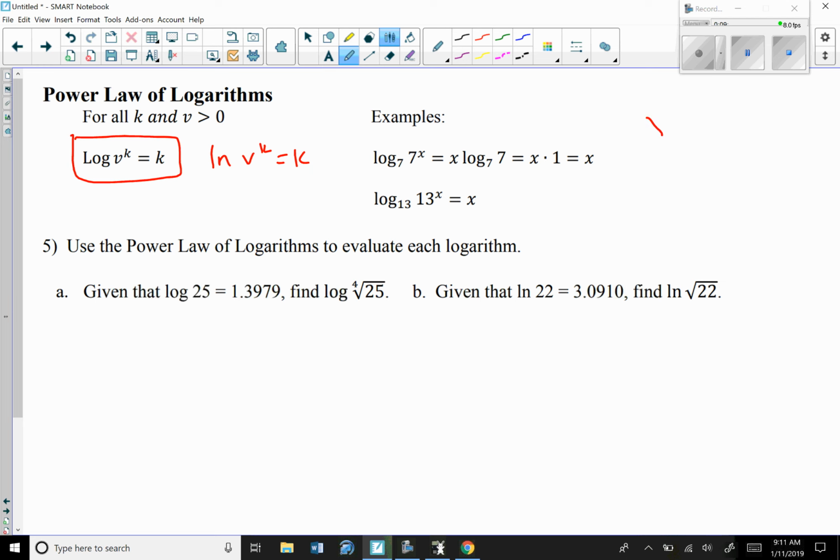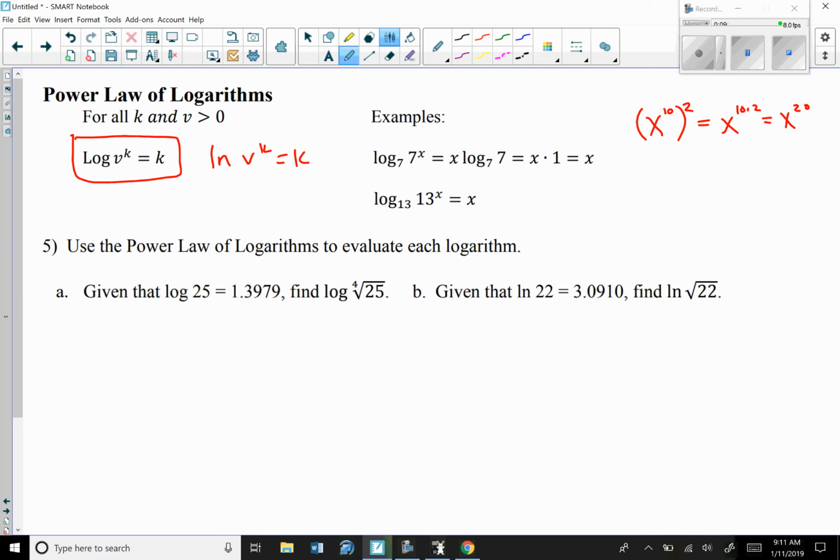So if I have x to the power of, let's say, 10, all raised to the power of 2, well, remember that means if we have a power of a power, we multiply the exponents together. So this would be x to the power of 10 times 2, which is equal to x to the power of 20.